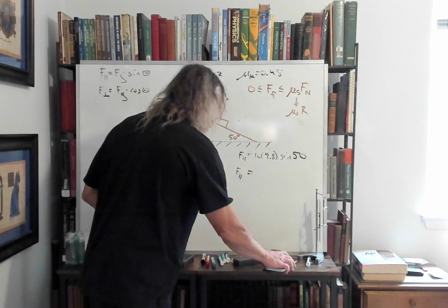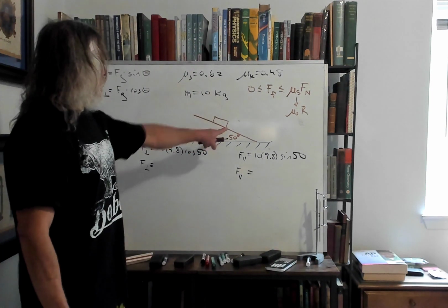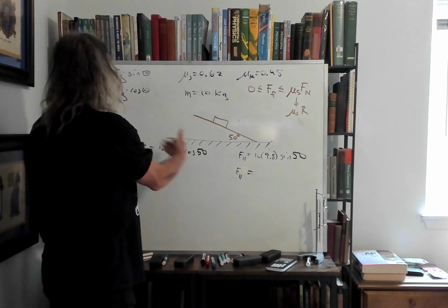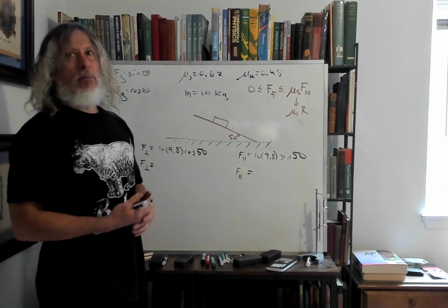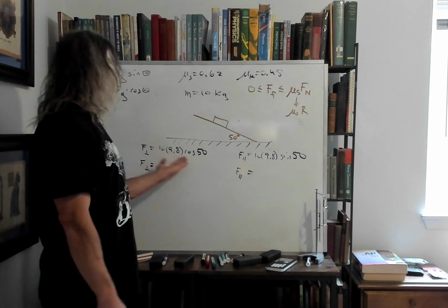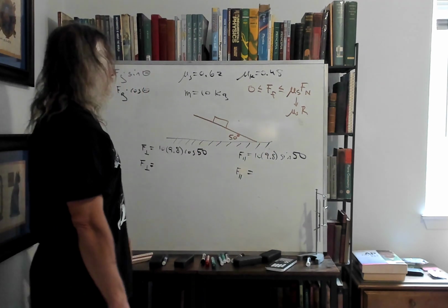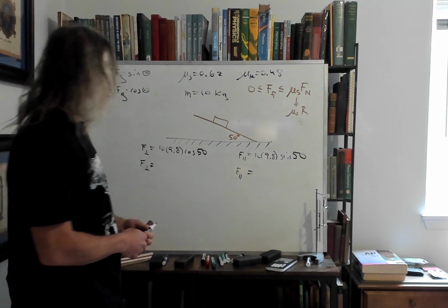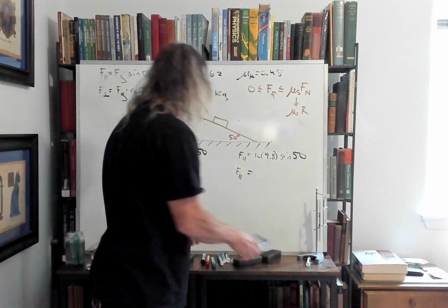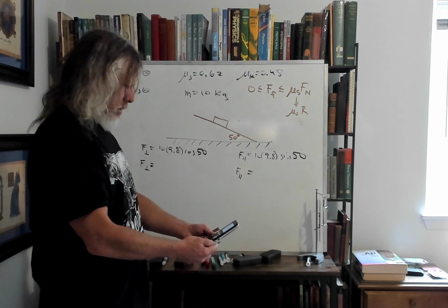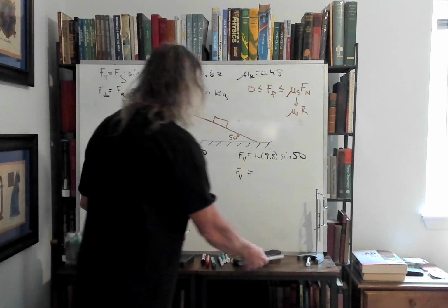Remember that, please. So we have a 50-degree angle. Gravity's pulling down. Using the analysis we've done in some prior videos, we do this and this. And the parallel is going to be 98 sine 50, about 75 newtons.